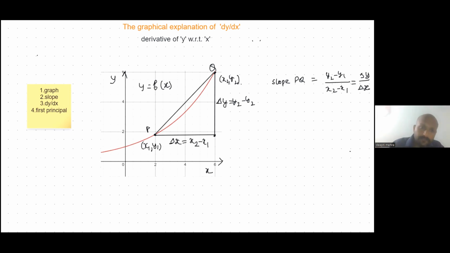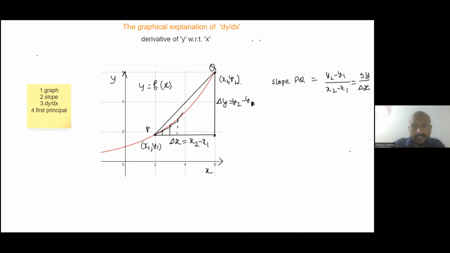But if you look at these small intervals, this change is different. When we add all these changes and divide by the total number of intervals, we get the average change in the function y equal to f(x) over this interval x2 minus x1, and the change is given by y2 minus y1.